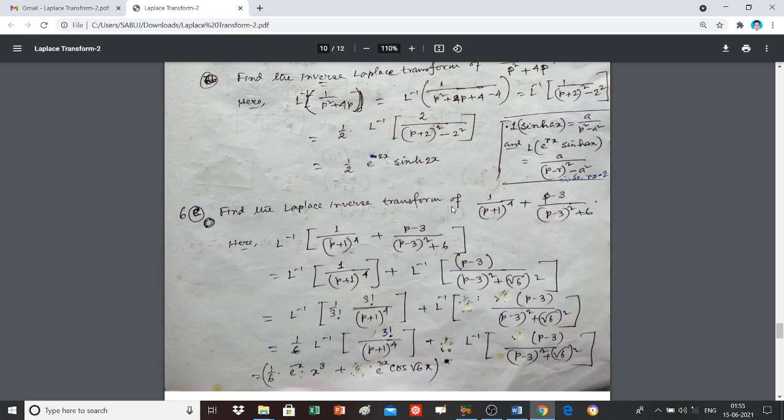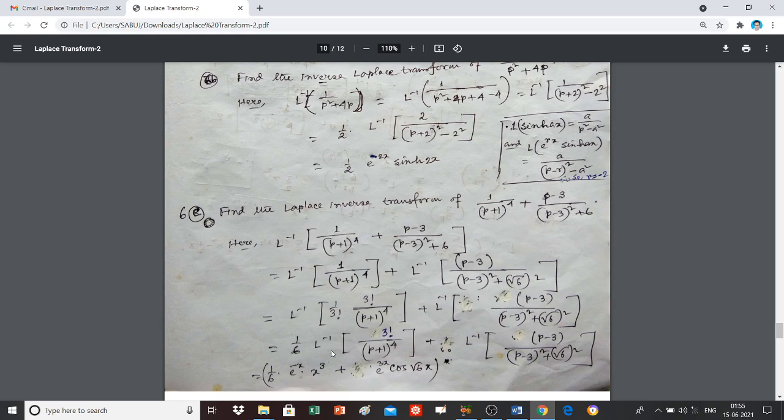Find the Laplace inverse transform of 1 by p plus 1 to the 4 plus p minus 3 by p minus 3 whole square plus 6. The inverse Laplace transform of this function can be written as L inverse 1 by p plus 1 to the 4, plus L inverse of p minus 3 by p minus 3 whole square plus square root 6 whole square. You can also write this as L inverse 1 by 3 factorial times 3 factorial by p plus 1 to the 4, plus L inverse p minus 3 by p minus 3 whole square plus square root 6 square.